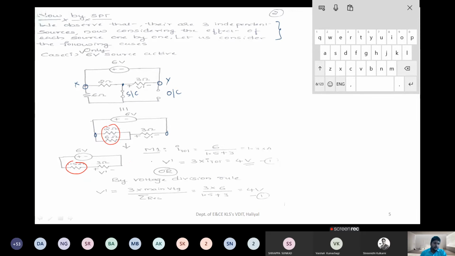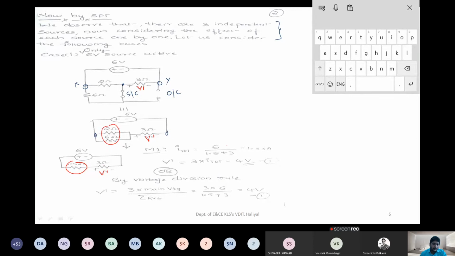Out of this, what we should get is the voltage across the 3 ohm resistor. As a first iteration, I am assuming the voltage across 3 ohm is V prime or V dash. How to find this? You can use two methods. First method, you can calculate the total current in this circuit.